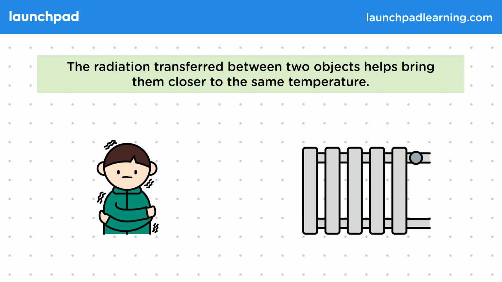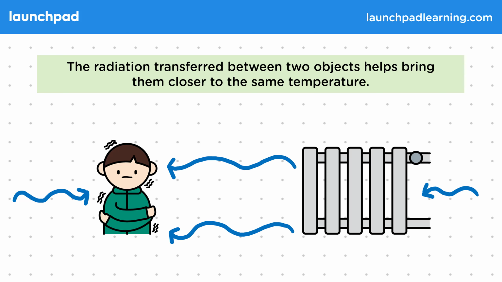Remember that despite the differences in temperature, all objects absorb the same amount of radiation from the surroundings. However, since the radiator is warm, it will release a lot of infrared waves, while we release very few since we're cold. Both us and the radiator will be releasing radiation in all directions, including towards each other.